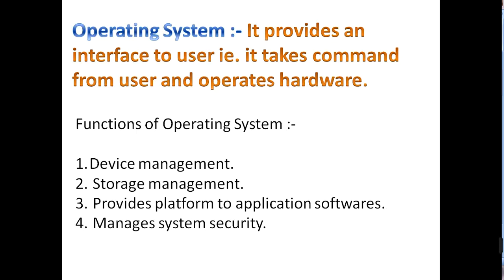The last function you can see here is manages system security. So here system security means all about unauthorized access to the computer. So operating system present in a computer prevents any kind of unauthorized access to the computer and its various data storage devices.